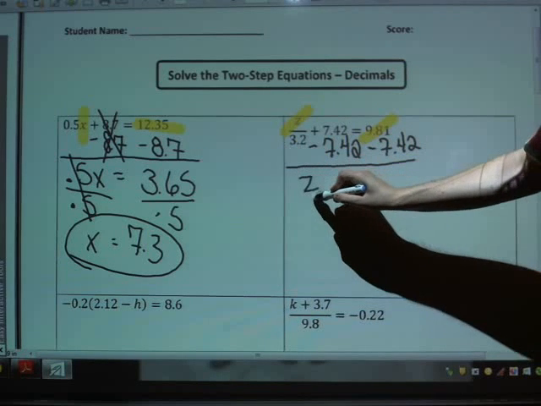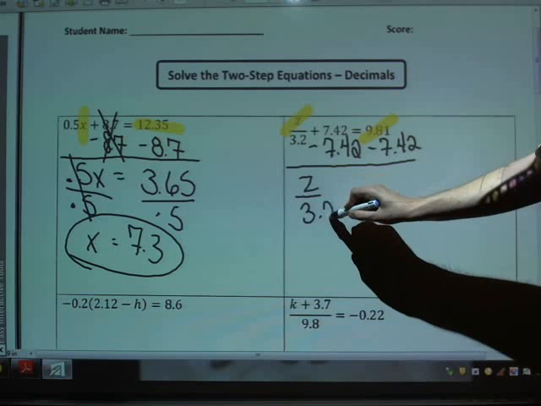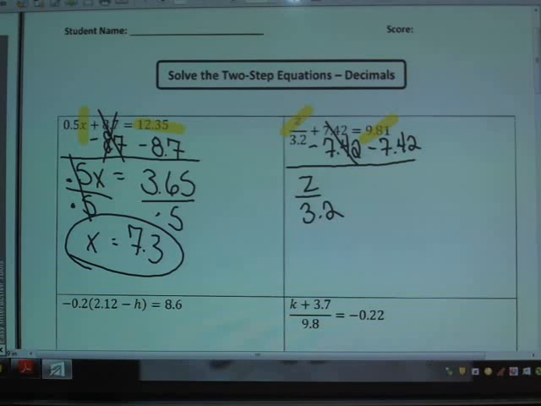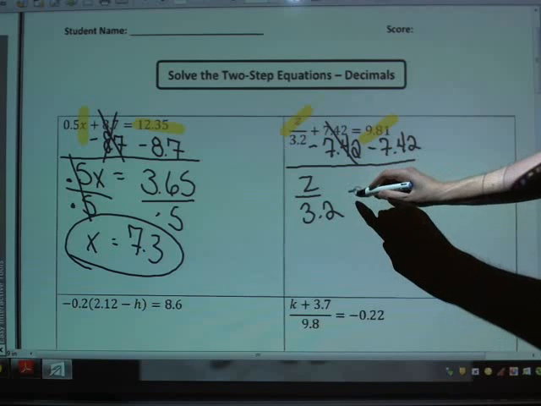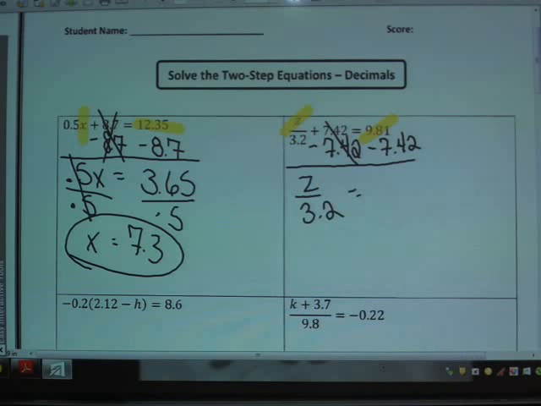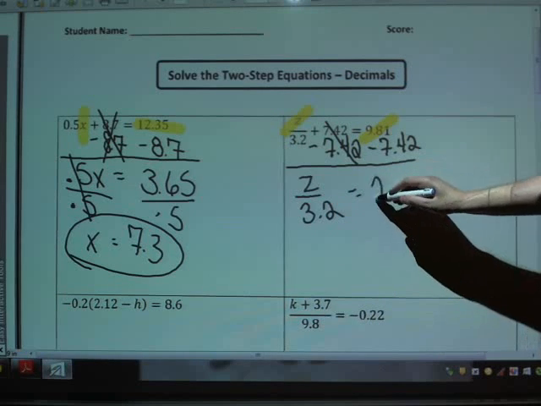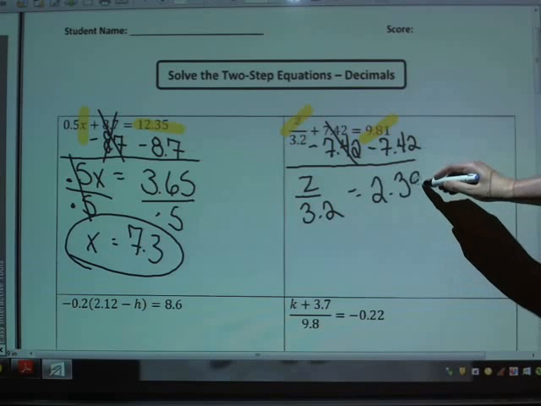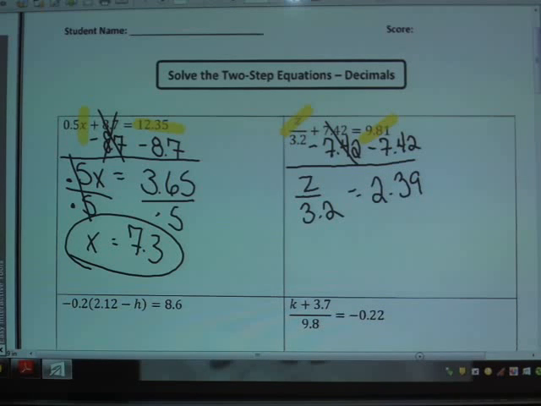And that'll leave me z over 3.2 on the left. Of course, the 7.42s have washed each other out, because if I add it and then subtract it, all I get left is what I had to begin with, which was the z over 3.2. And on the right side, I've got 9.81 minus 7.42, which is 2.39.